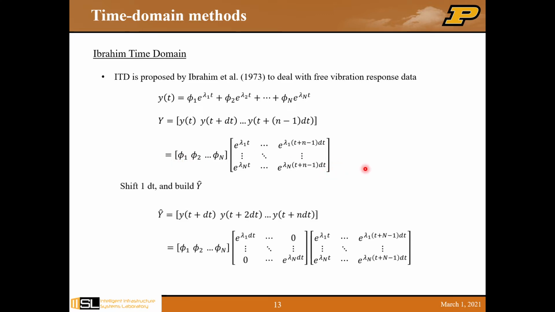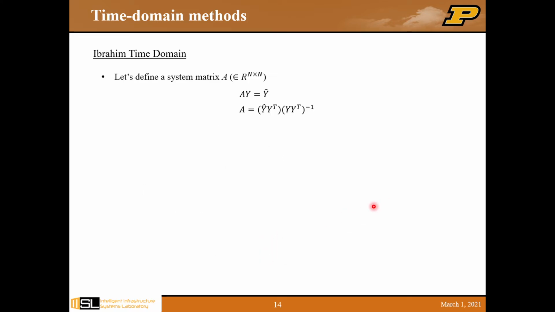The next step is to shift by one dt, and then we can build a Y hat, which has exactly the same dimension as the Y matrix, but includes an additional term in the decomposition formula here. We can utilize that to define a system matrix A, which has the dimension of n times n, describing the relationship between Y and Y hat.